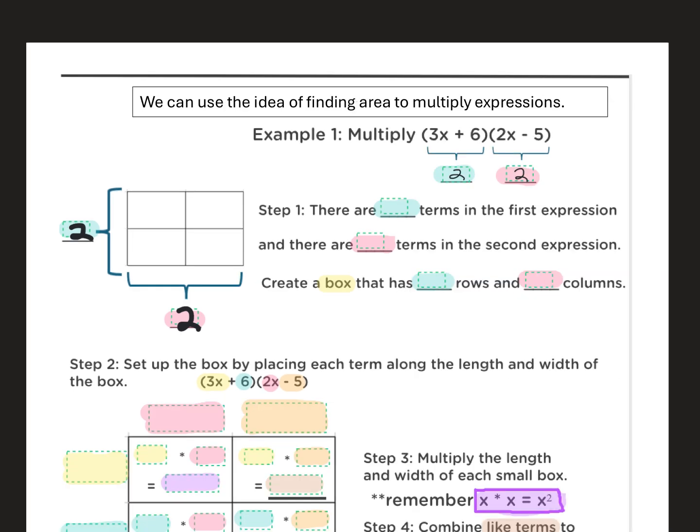So again, there are 2 terms in the first expression, and there are 2 terms in the second expression up here. So we created a box that has 2 rows and 2 columns.